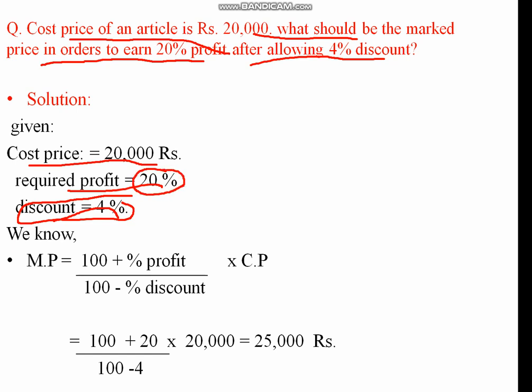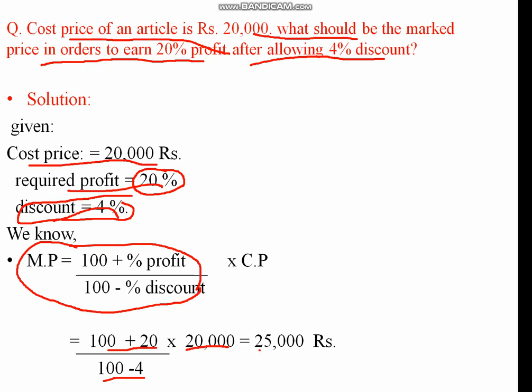So use the formula. Mark price is equal to (100 plus percentage profit) upon (100 minus percentage discount) into CP. So (100 plus 20) upon (100 minus 4) into 20,000. Simplify it: 120 divided by 96 into 20,000.